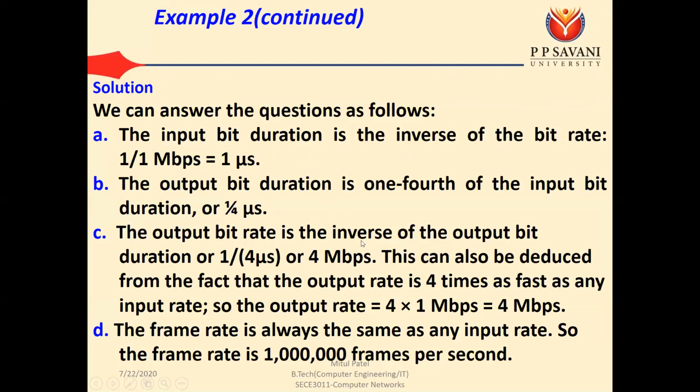The output bit rate is the inverse of the output bit duration, so 1 upon 1 by 4 microsecond, that is our 4 Mbps. Or it can also be deduced from the fact that the output rate is 4 times faster than the input rate.